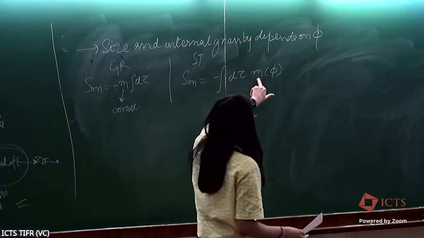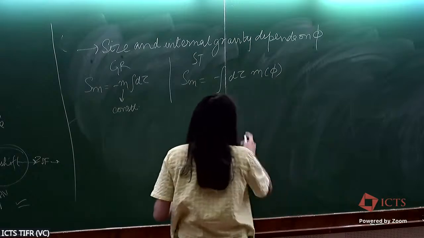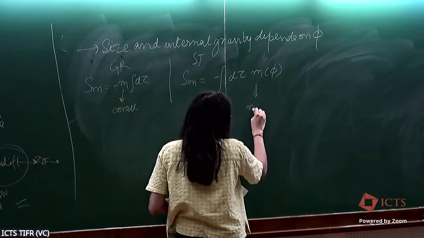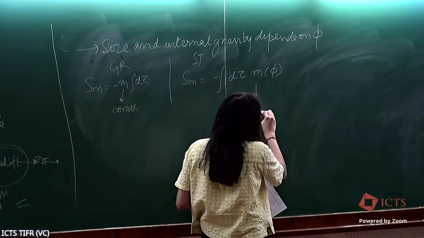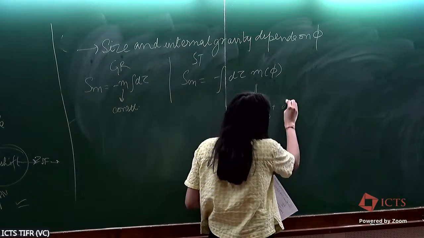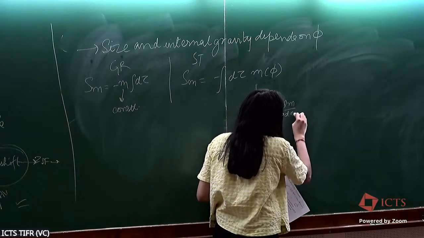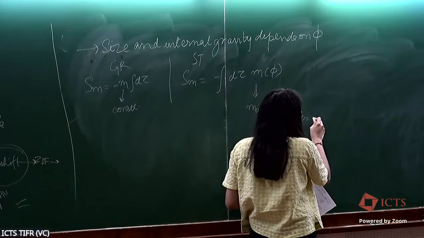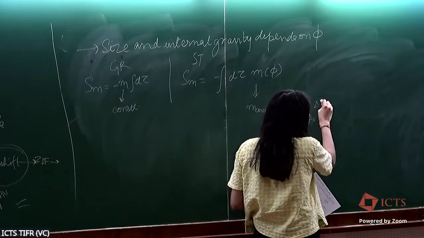When mass becomes dependent on phi, we can do a Taylor expansion of it, which becomes m constant plus the derivative evaluated at phi some value times delta phi, and so on.